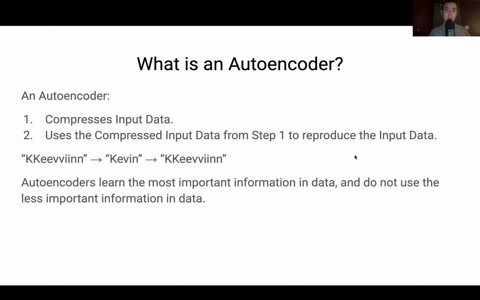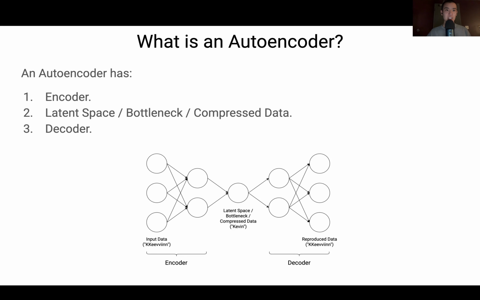Autoencoders learn the most important information in data and do not use the less important information in data. An autoencoder has an encoder, a latent space slash bottleneck, or in more simple terms, compressed data, and a decoder. So here's a diagram, right? The input data could be my original text of Kevin with 2 letters each. Then when we compress it to save space in our hard drive or disk, it's just Kevin with 1 letter each.